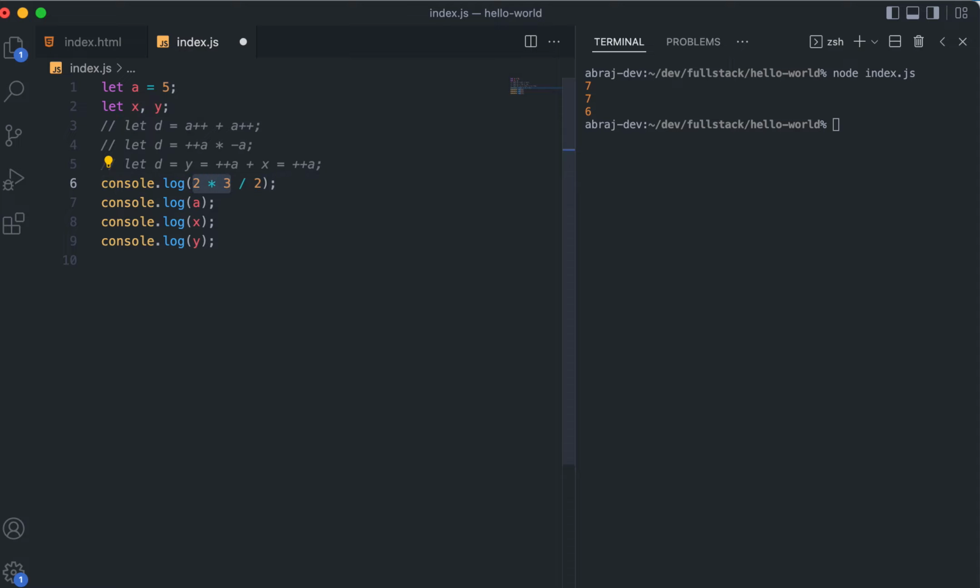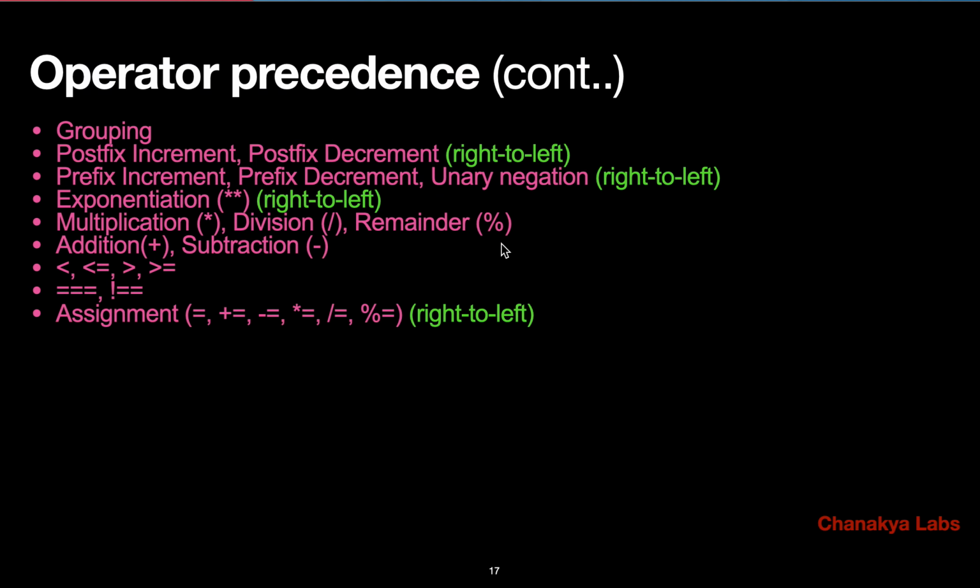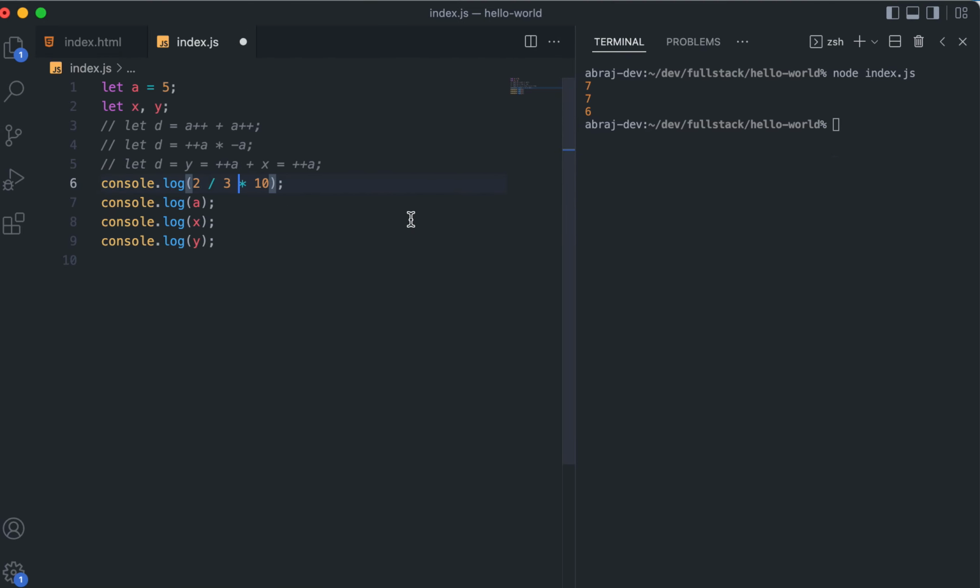The grouping will be done from left to right, which means that if I had written it another way, then also this would have executed first. So in this case multiplication would be second, division will be first. Why? Because multiplication and division have the same precedence, and among the same precedence we apply the associativity rule: left to right.